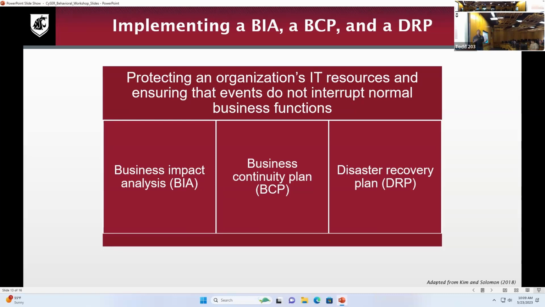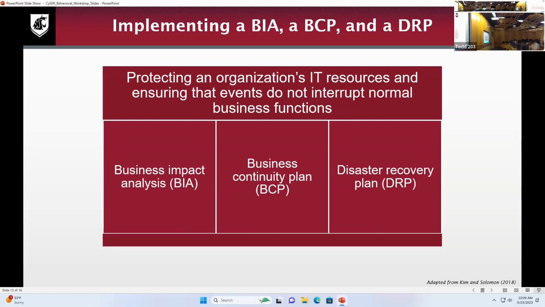Right? With a disaster recovery plan in place, they say, okay, this is a disaster. Here's what our process is. Here is what we're going to do when disaster strikes. First thing is, let's make sure our people are taken care of, right? If there's people who are potentially at risk of their lives being lost because of this disaster, let's make the decisions that are going to save lives.